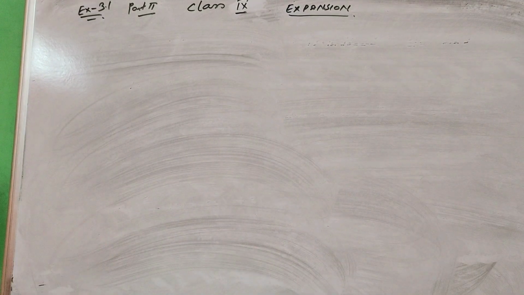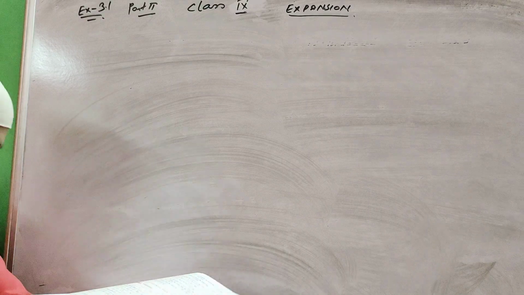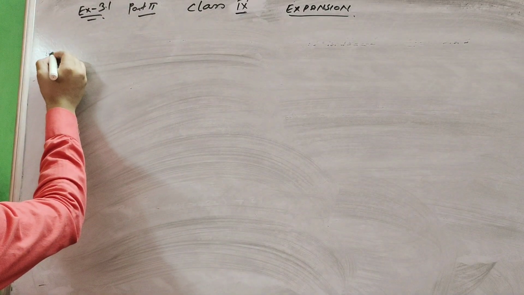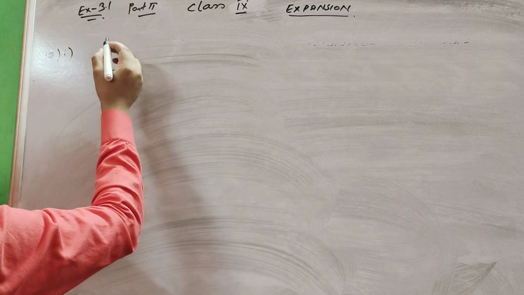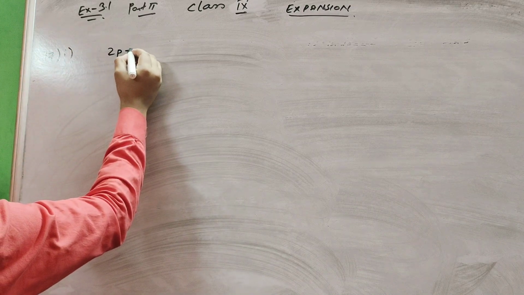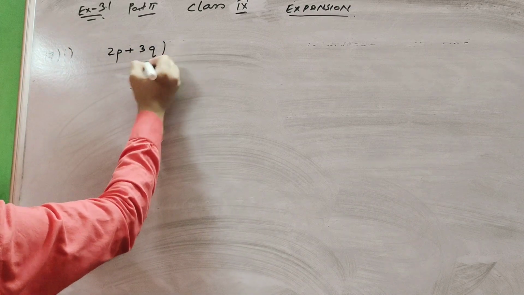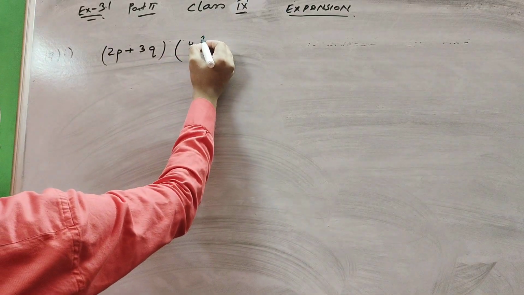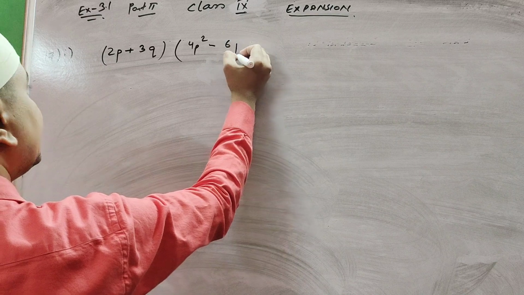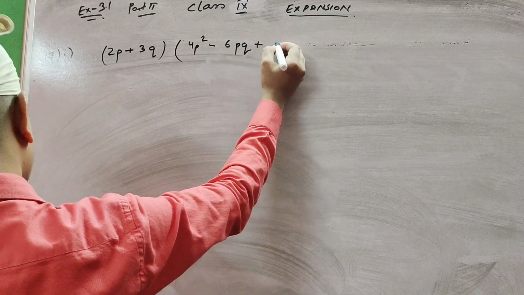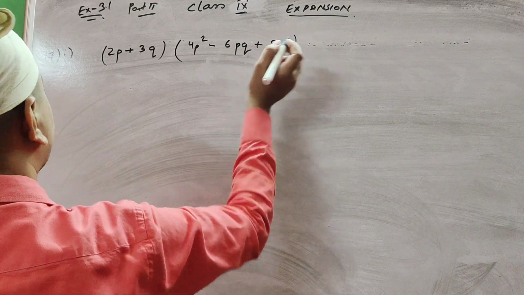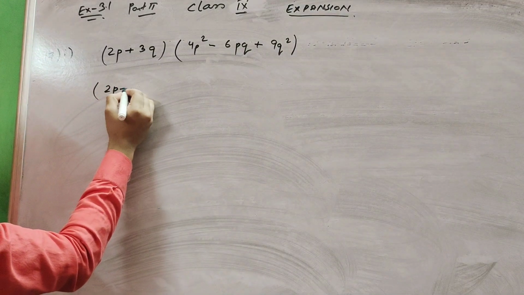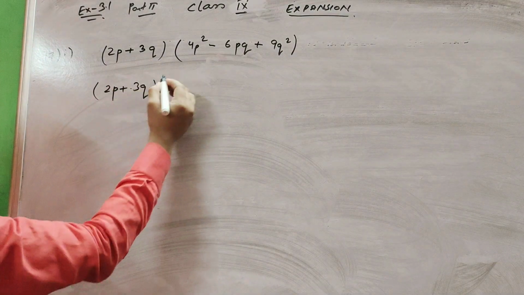Now it's time for question number 17.1. 2p plus 3q, and this is 4p square minus 6pq plus 9q square. First of all, we write 2p plus 3q.